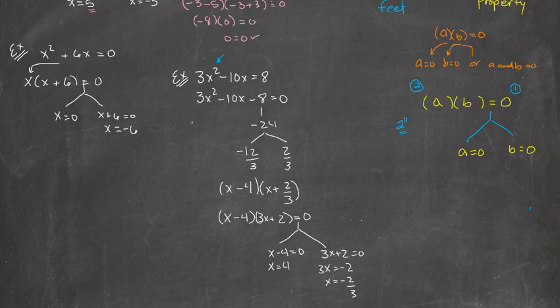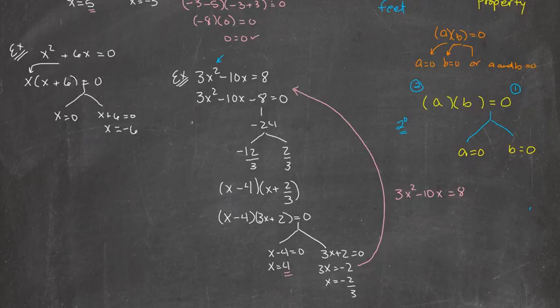I would have never guessed 2/3, or I might have eventually, but I wouldn't have done it quick enough for my liking. So I think I'm going to go ahead and check these two back in the original. So I have 3x squared minus 10x equals 8.